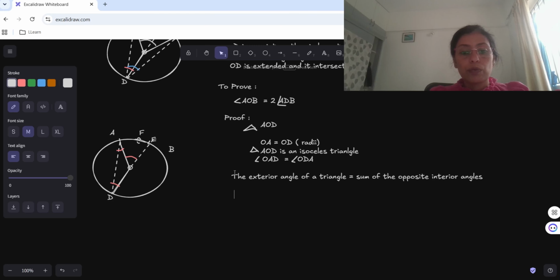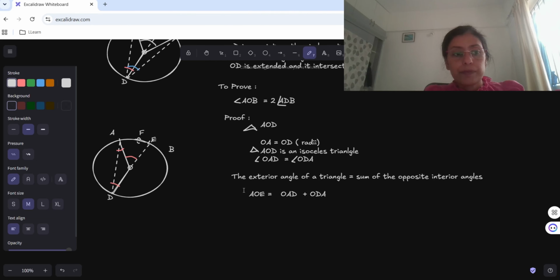So what this means is angle AOE will be the sum of OAD and ODA, right?